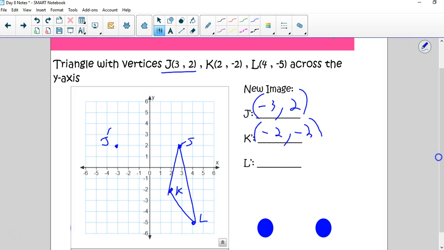And this is going to stay the same. And this is going to become -4, and -5 is going to stay the same. So sometimes you'll be required to draw it, and sometimes you won't. It just depends on what it's asking for. But you can do it without drawing.